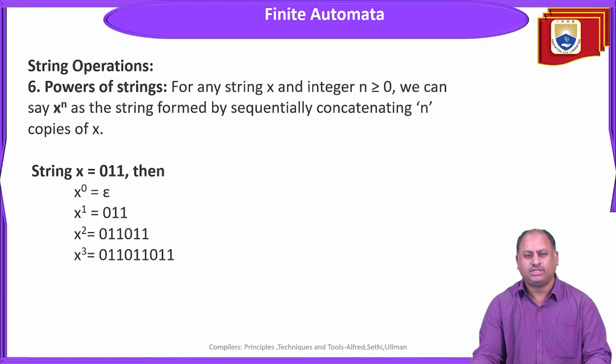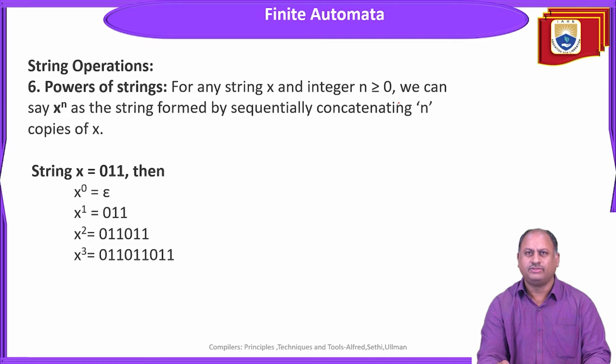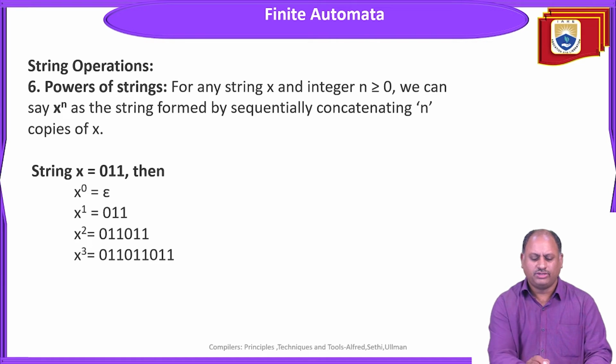Generally we define a string as a sequence of characters, such as X, Y, or A, B, C. The power of a string is represented as a concatenation of copies of the given X. For example, let X equal 0, 1, 1.